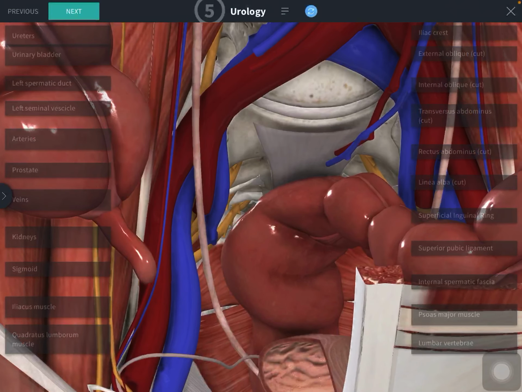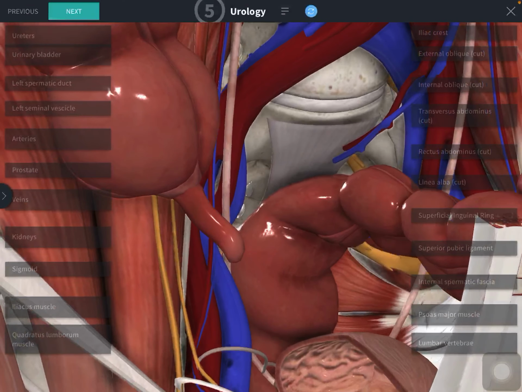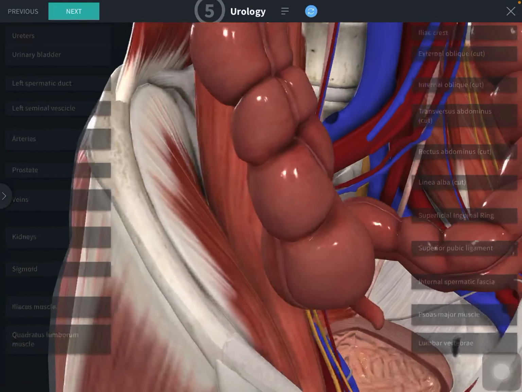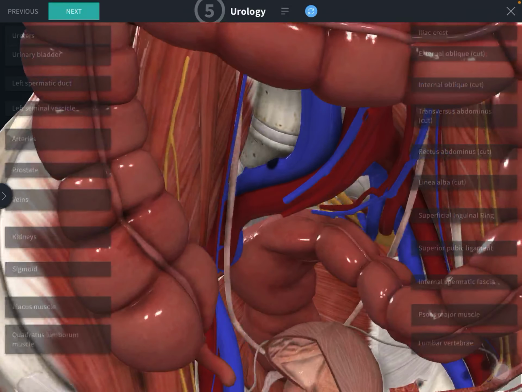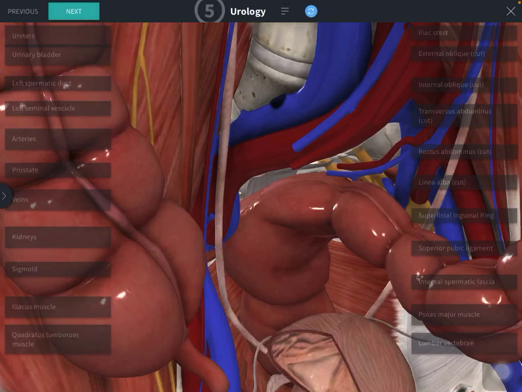So it is running over that, above the levator ani muscle, forwards and medially, reaches the superolateral angle of the base of the urinary bladder at a distance of about 5 centimeter from the opposite ureter. So this is the opposite ureter. The distance between them is 5 centimeter. This is known as the second or oblique part of the pelvic part.